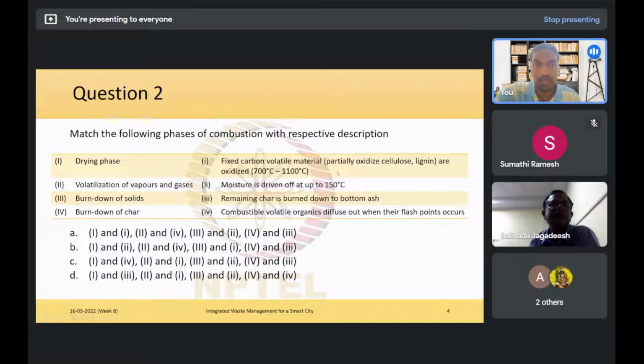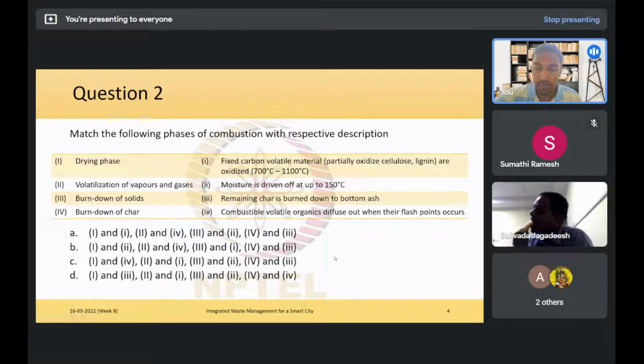In some phase, fixed carbon and volatile matter are oxidized, in some phase moisture is driven off, in some the remaining char is burned down to bottom ash, and in one, combustion of volatile organics takes place. We need to match these phases to the correct description. The different combinations are given here, and we have to pick the right option.